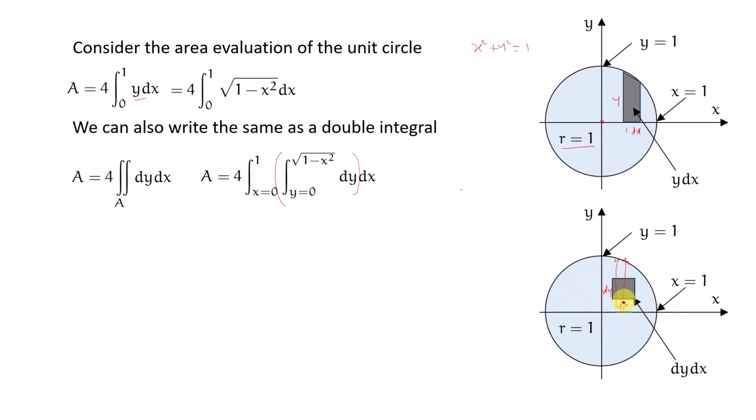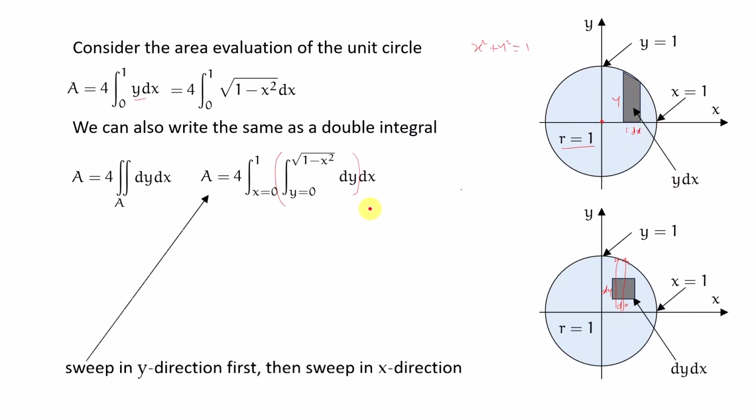So as I go in the y direction, I actually get this kind of an area, and then we take it in the x direction. So here we sweep in the y direction first, I get the area in the y direction, and then I sweep in the x direction. Another way is, of course, I sweep in the x direction first. That means I get an area like this first, and then I go in the y direction.